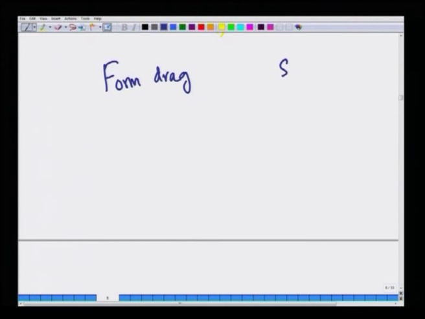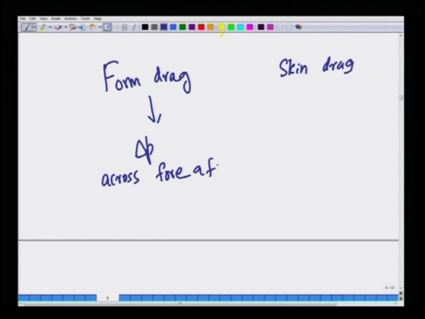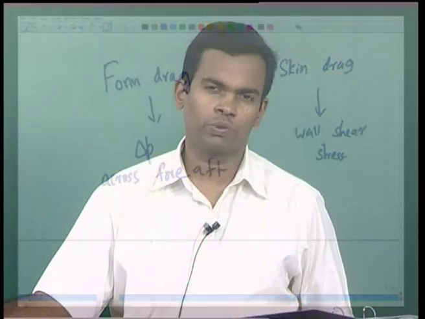As opposed to skin drag, which is due to wall shear stress. The form drag is due to the pressure differences across the fore and aft of the body. Skin drag is due to wall shear stress. Now, therefore, in order to calculate the drag on objects such as spheres or cylinders, it is not just possible to do theory or analysis alone.